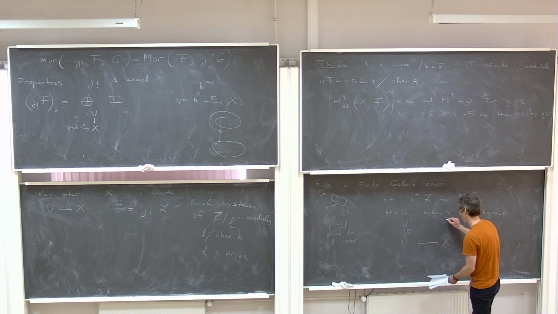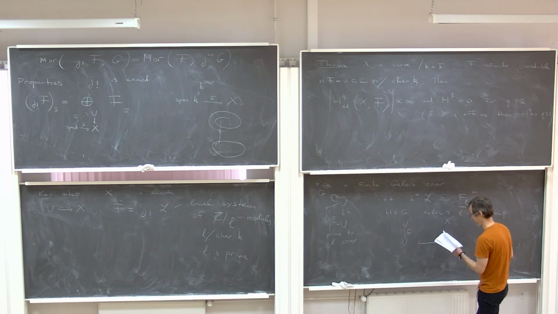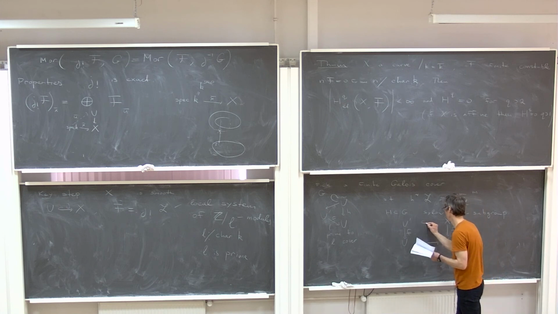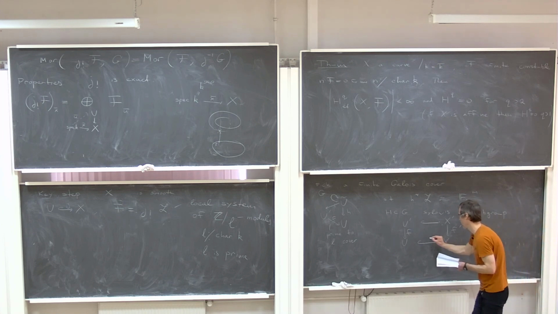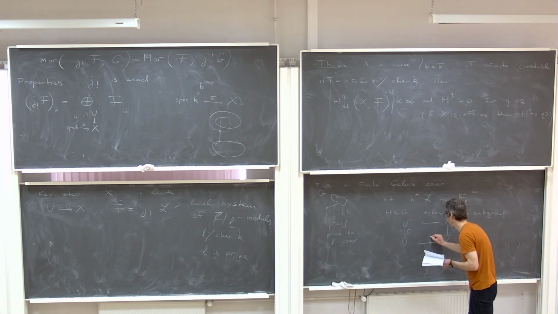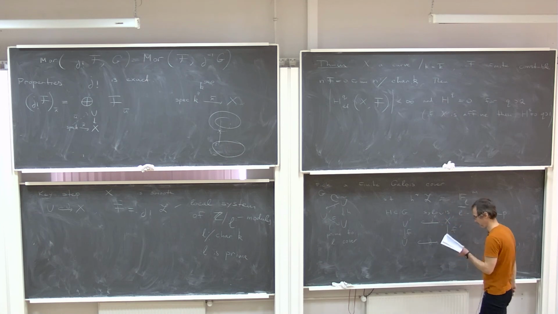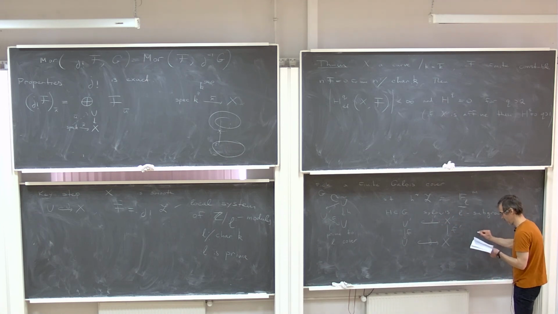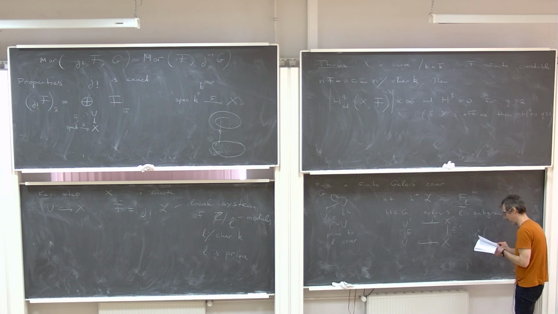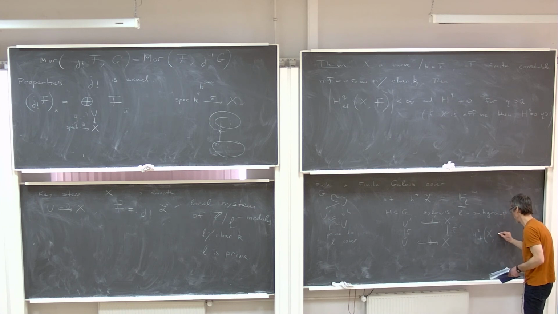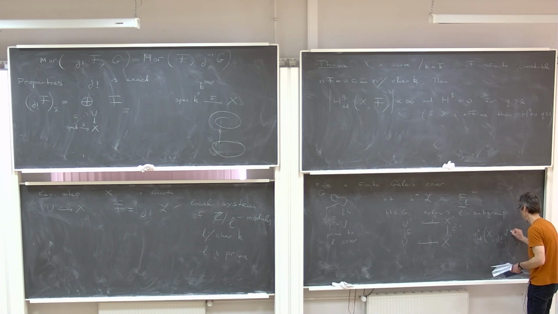That will be my X prime, and the map is F prime. This is also a smooth curve. And here I have j, and this is j prime. Okay? And then what you do, you look at H^1 étale of X with coefficients in j_! of L. That's what we are interested in.